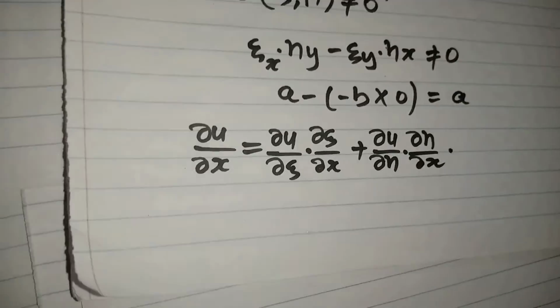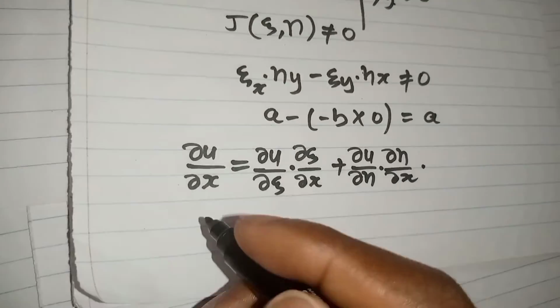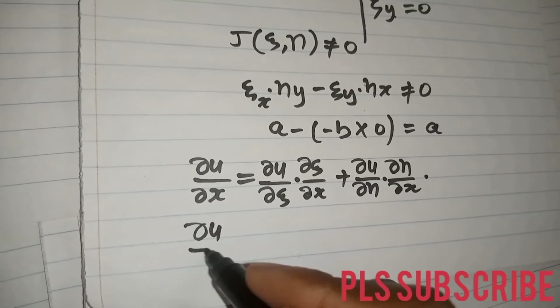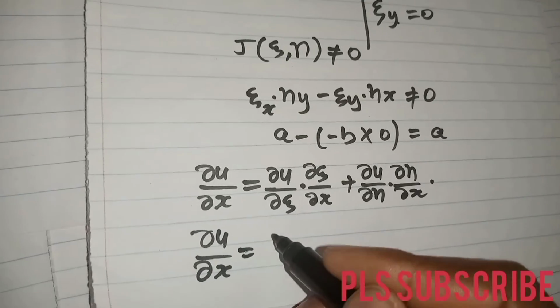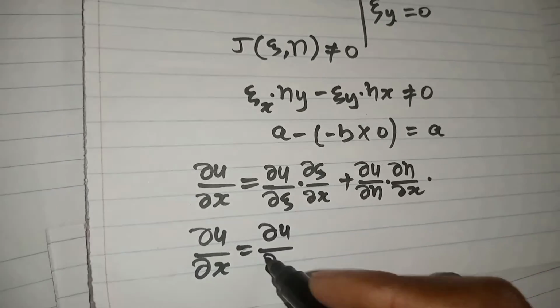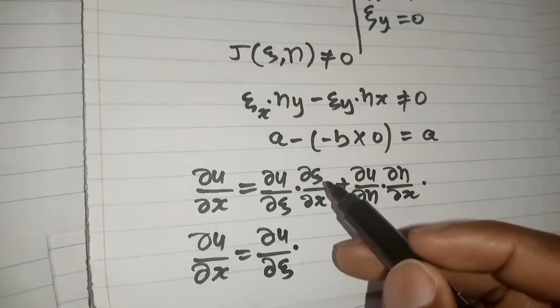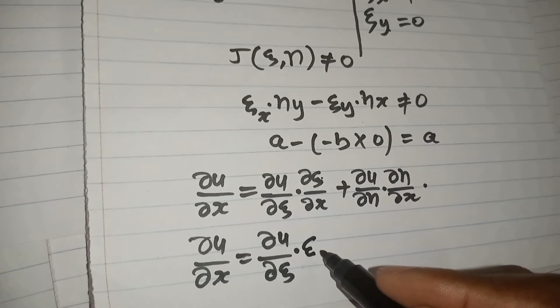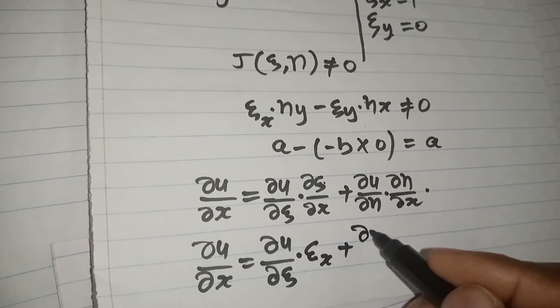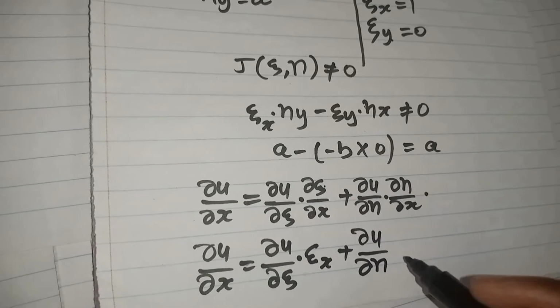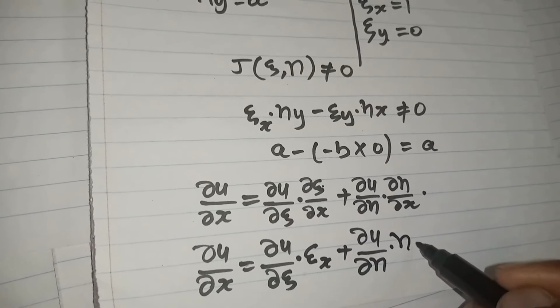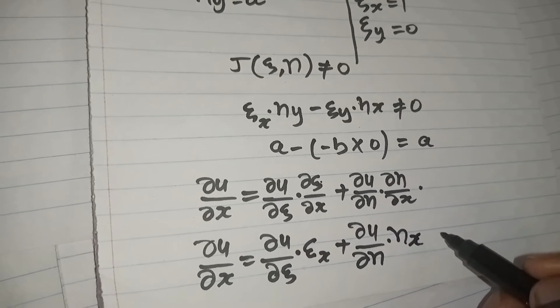Then this can also be written in the form: the partial of u with respect to x is equal to the partial of u with respect to xi times xi x, plus the partial of u with respect to nu times nu x.